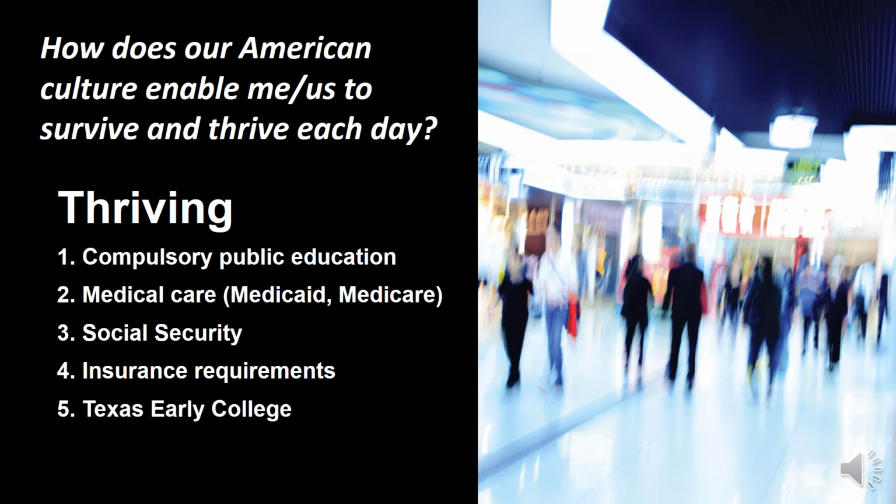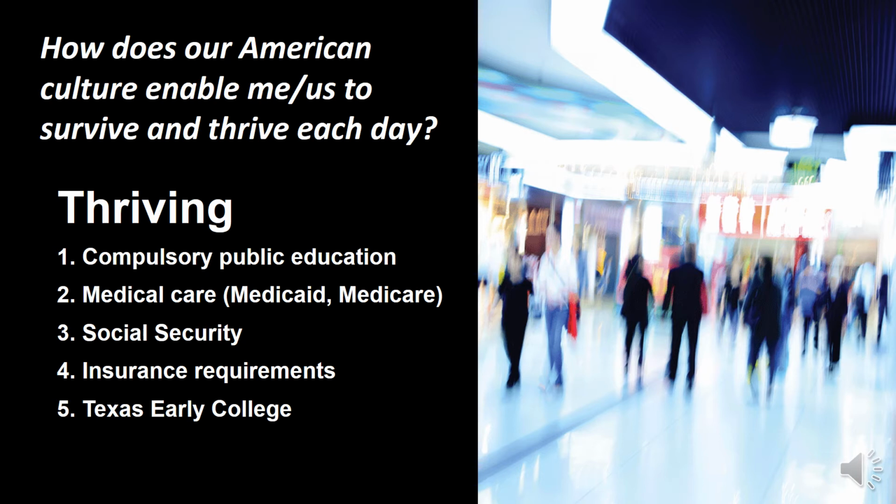It's making all of our children go to school, because our society would not thrive if we didn't make everybody go to school. So everybody goes to school, not just for their own personal benefit, but for our social benefit. America wants to have the most educated society in the world, so we make everybody go to school up to a certain point. That's good for you, but it's also good for us.